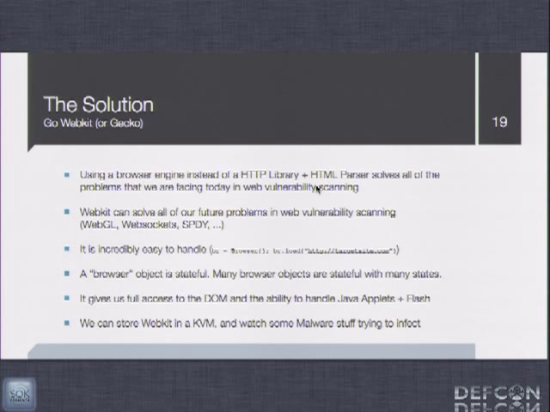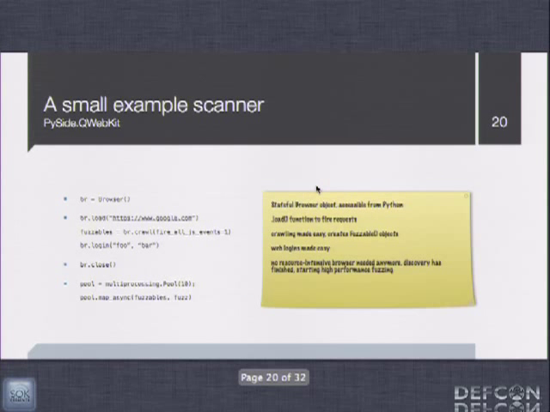And yeah, so I actually put a little example scanner into the slides. It's just Python. The code simply shows Python spawning a browser instance, loading google.com, crawling google.com, logging into google.com, killing the browser instance again, and starting with fuzzing.